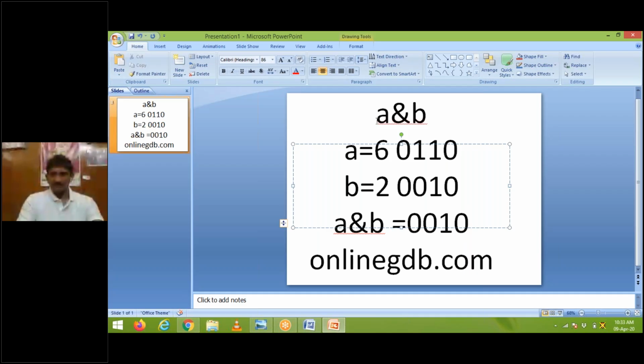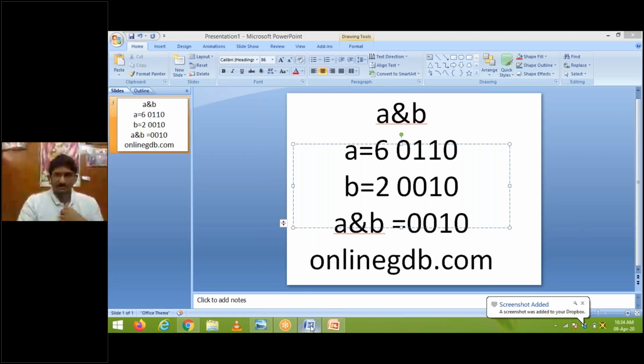This is the value of a and b. Both must be 1 to get 1. If the bits are 0 and 0, 0 and 1, or 1 and 0, the result will be 0.